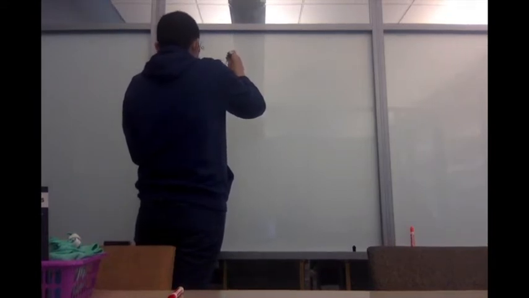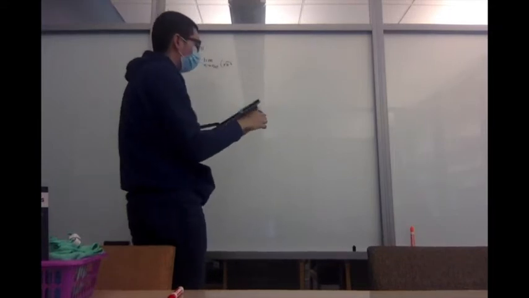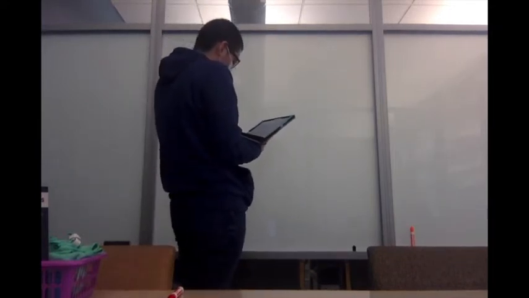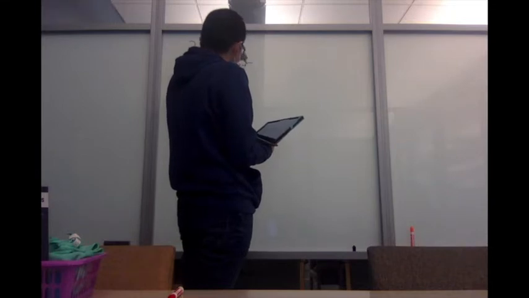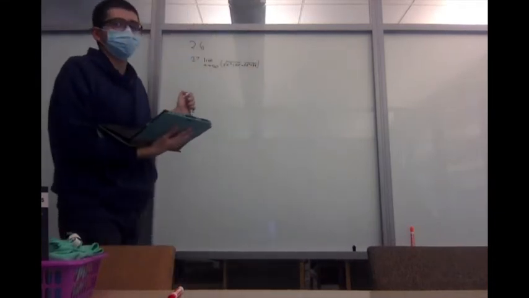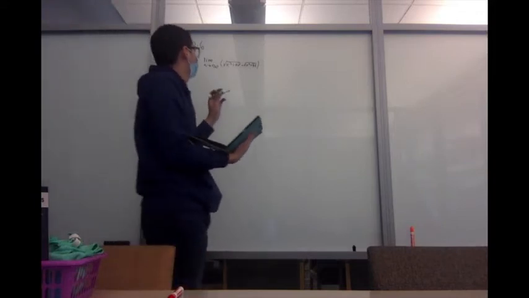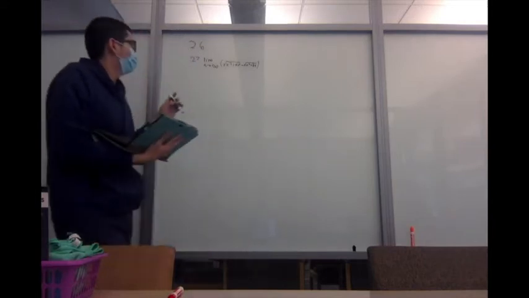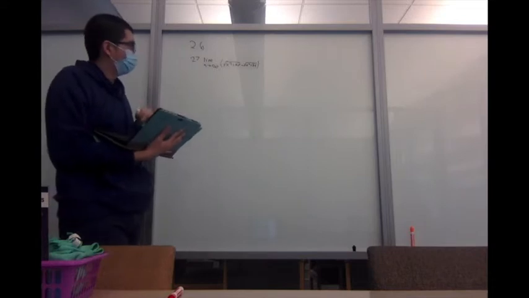So the problem I'll be doing today is the limit as x approaches infinity of the square root of x squared plus ax minus the square root of x squared plus bx.